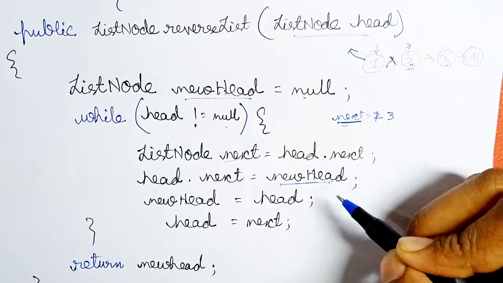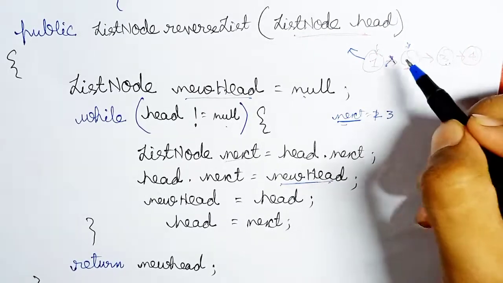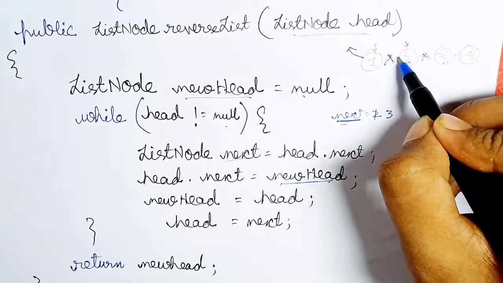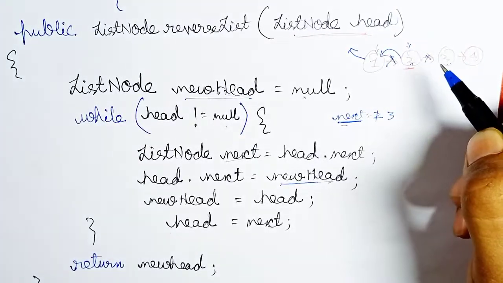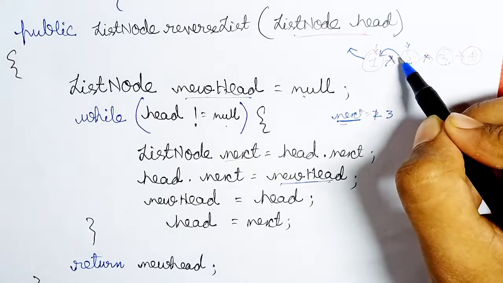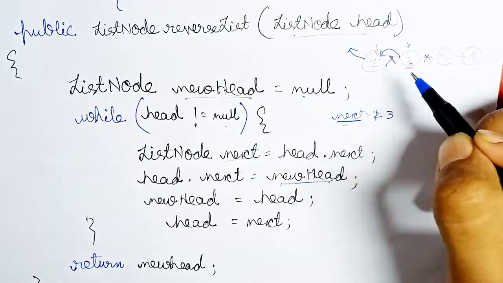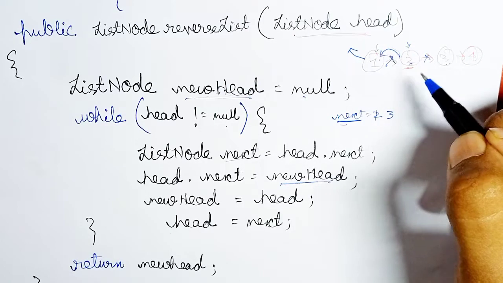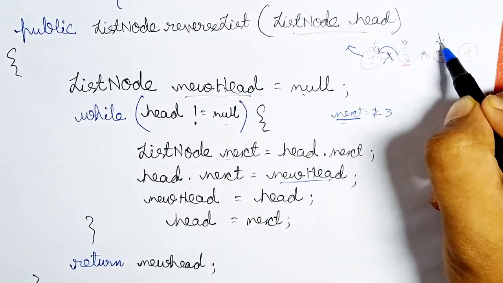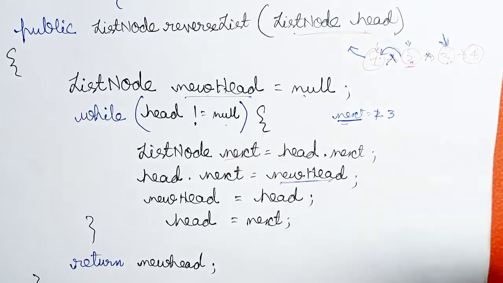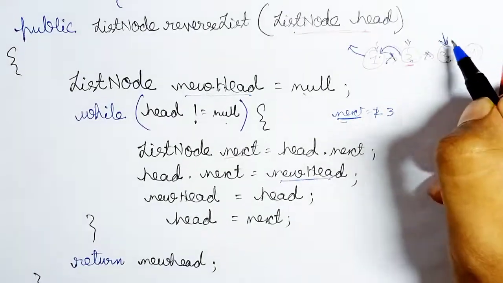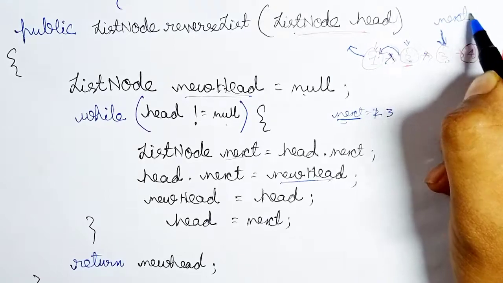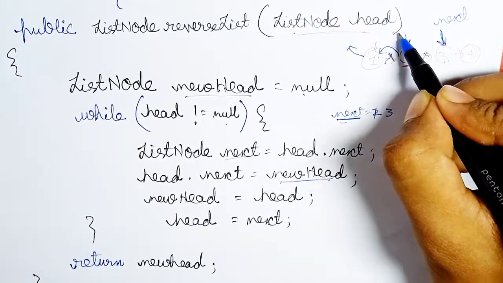Remember, we stored 1 inside the newHead. So now this link will break and it will point towards 1. You got it? Now the newHead becomes the head, and head becomes the next.